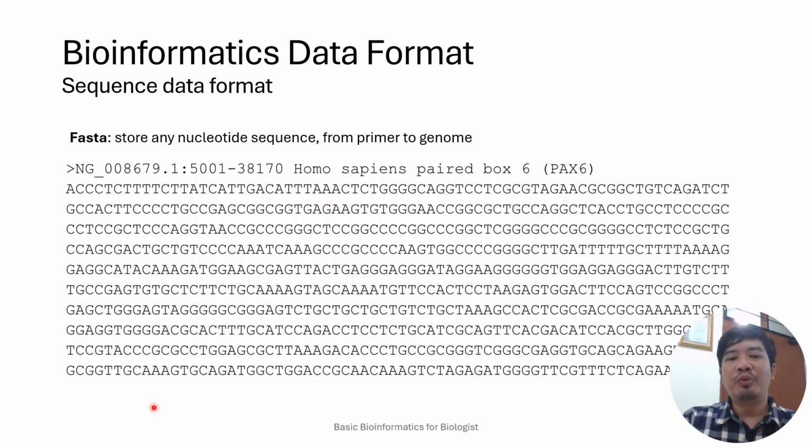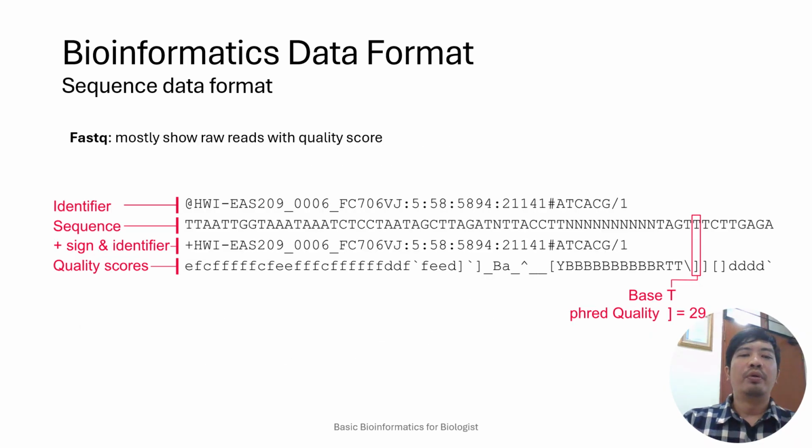You cannot put the same identifier on the second or other sequences. So this is the FASTA format. You can use it for any kind of nucleotide sequence. And then we will move to FASTQ.